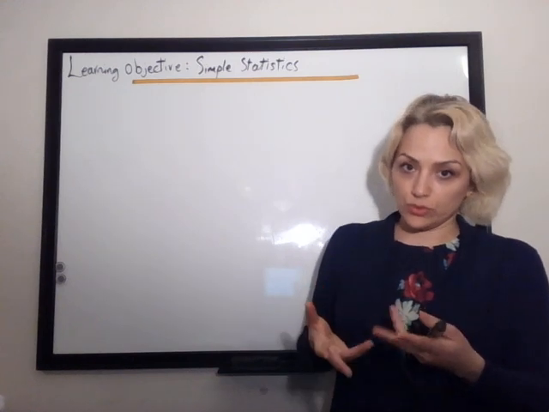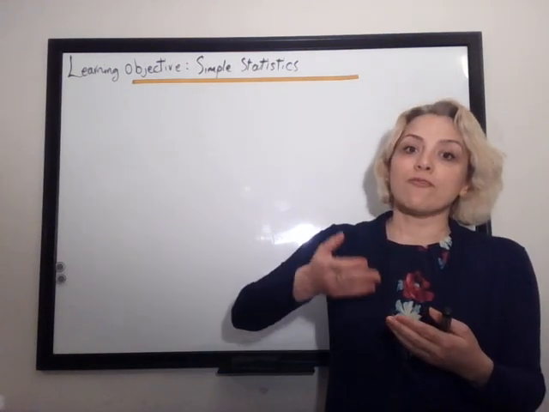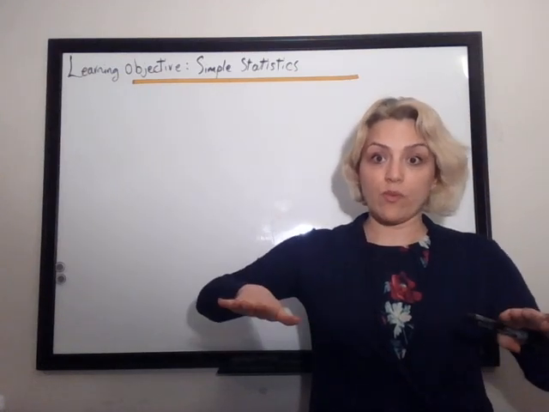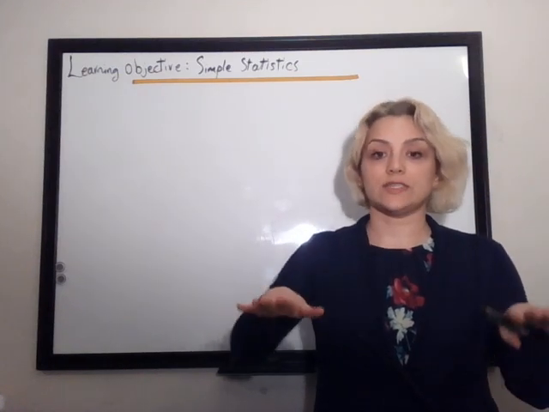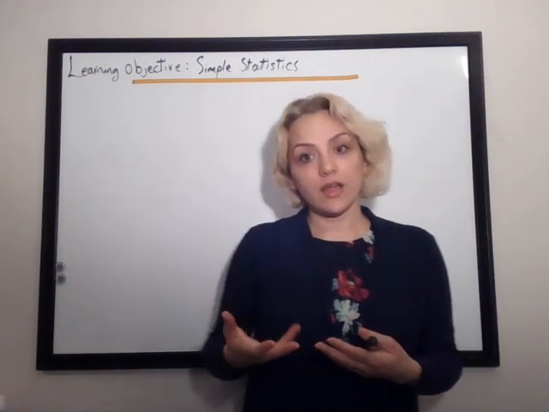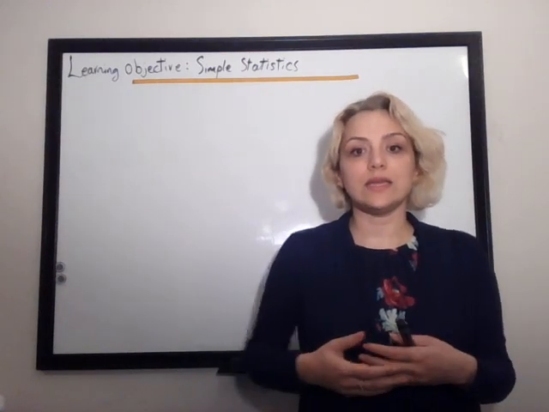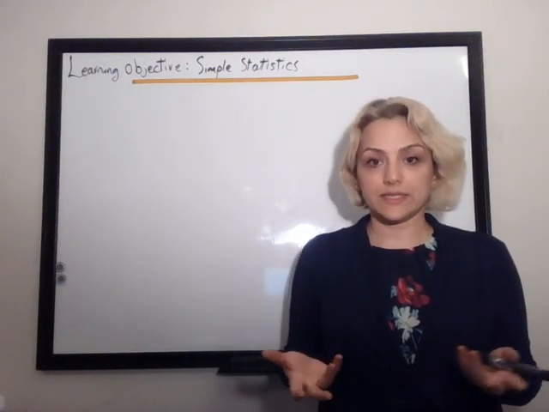Based on these two interests, for the first part, where we might want to determine the location of the center of the data, the most common measure of central tendency, which we call the mean, is the arithmetic mean.